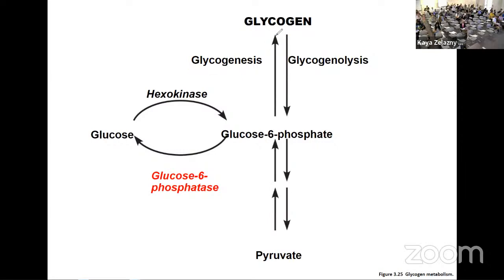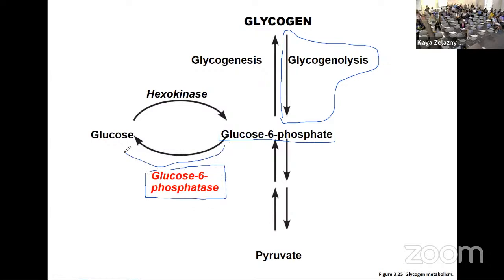So if you're starting with a glycogen molecule in the liver, when you're breaking it down, you're going to circle glycogenolysis, lysis for breaking, glycogen for glycogen. When you break down glycogen, you get glucose 6-phosphate. So if we want to turn a glucose 6-phosphate into glucose, we then need our enzyme, glucose 6-phosphatase.